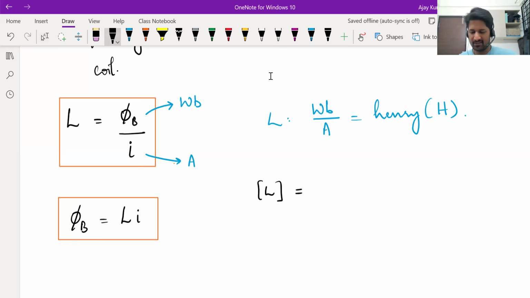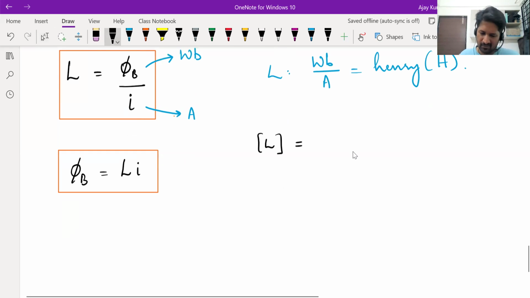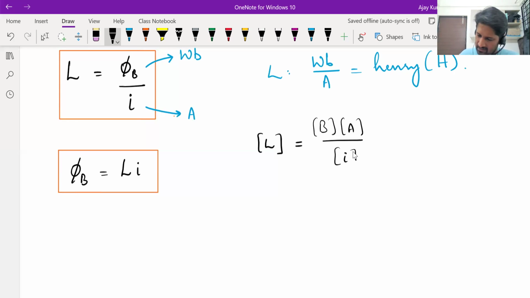Okay, anyway, you just have to think of some way to get the answer quickly. Magnetic flux is field into area. So magnetic field times area divided by current. Current's dimension is easy. Area is also easy. Then magnetic field, if you remember the dimensional formula of magnetic field, fine.